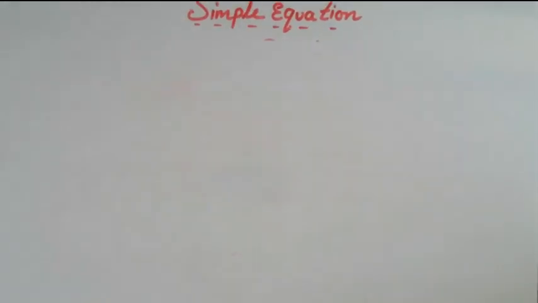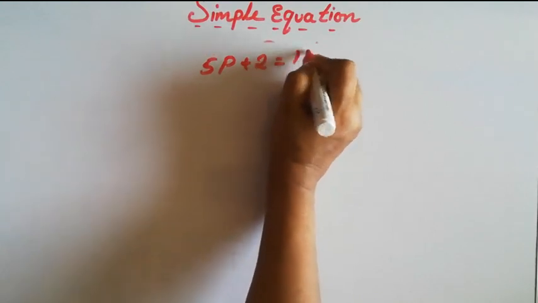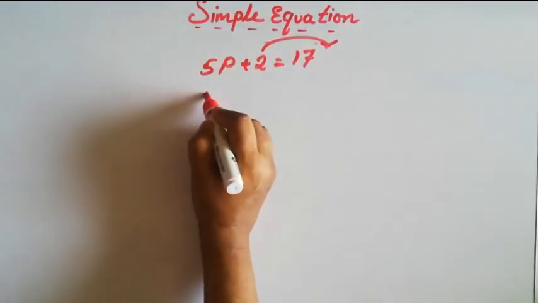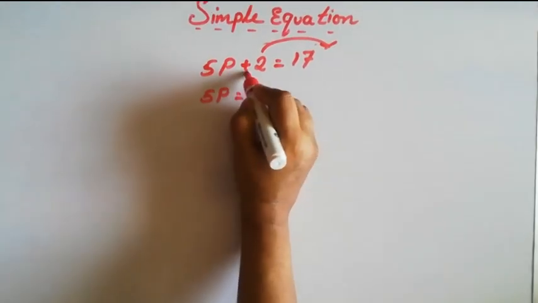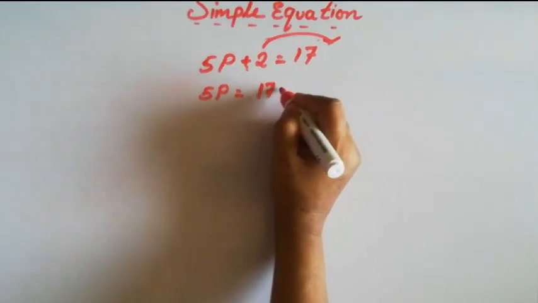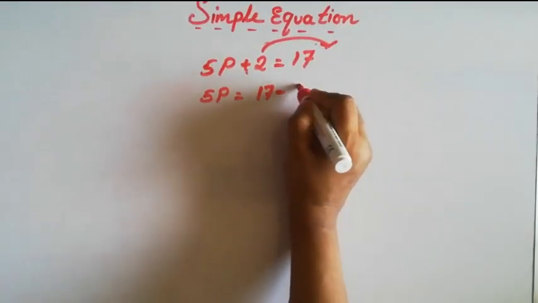Now, next one is the transposition method. The same question, 5p plus 2 equal to 17. First thing I will do, I will transpose this 2 to the right. So 5p, if it is plus, the sign will change. When we are taking the 2 to the right hand side, it will change its sign.